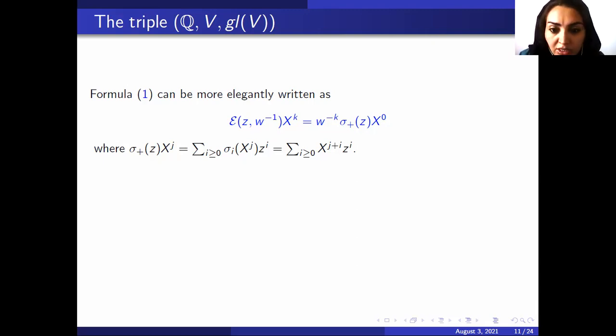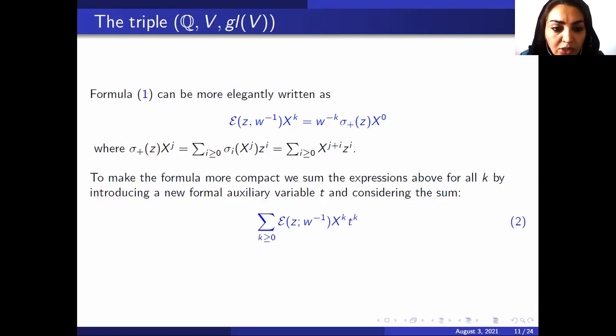Okay, and so we can compact this formula more by adding one more variable t and summing again the relation sigma zw minus 1 xk and tk that we added right now.